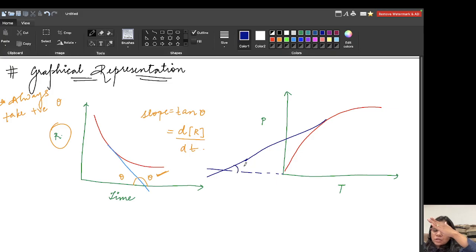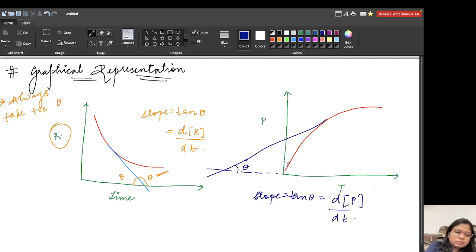This theta is going to come here, and your slope will be equal to tan theta, which is equal to dp by dt, change in y-axis upon change in x-axis.